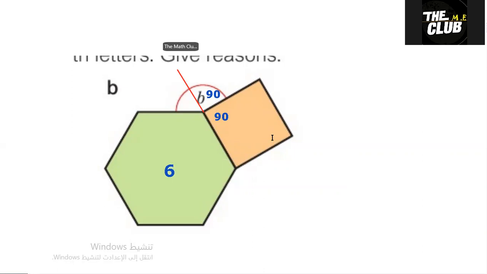We said that the rule of an exterior angle is that we always divide 360 by the number of sides or the number of angles. So I'm going to divide 360 by 6 to find the exterior angle of a hexagon. 360 divided by 6 equals what? Very good. Equals 60. So the exterior angle of a hexagon is 60. So I'm going to write 60 here.